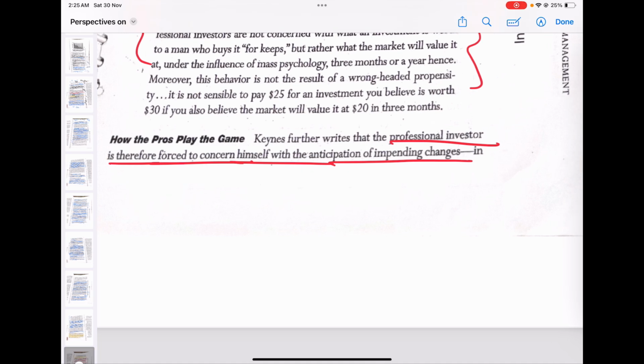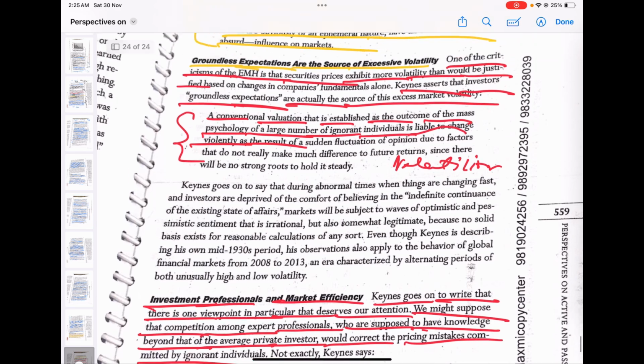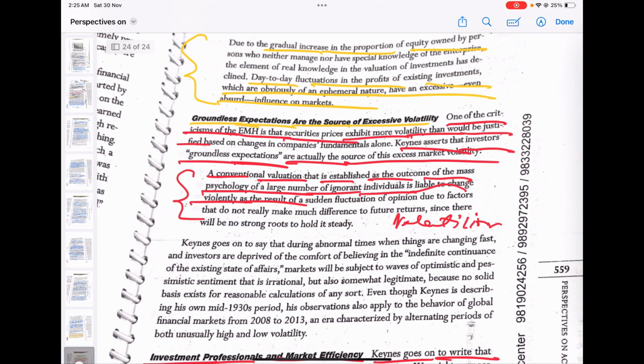Okay, let me scan the rest. What's the page number? This is 559. So we have like six more pages. Let me save it. Okay, give me 2 seconds.